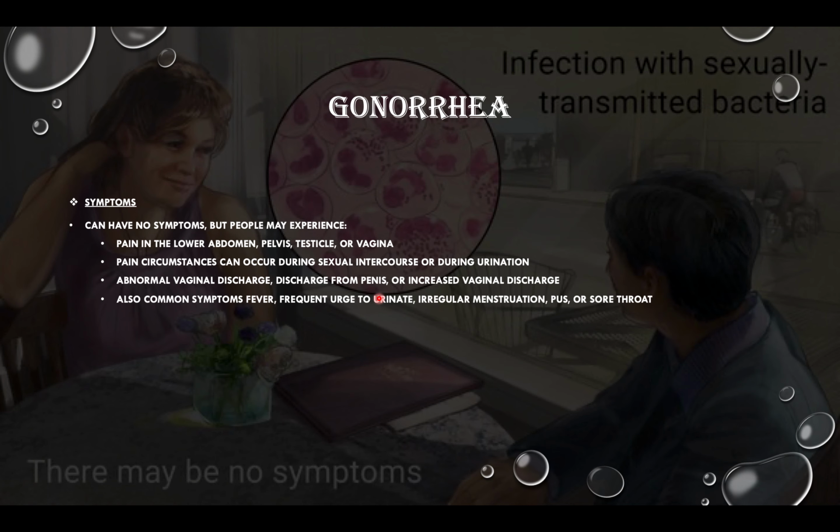Many men may experience testicular pain, and women may experience pain in the lower belly and in their vagina as well. In some cases those are symptoms, but mostly it doesn't have symptoms.